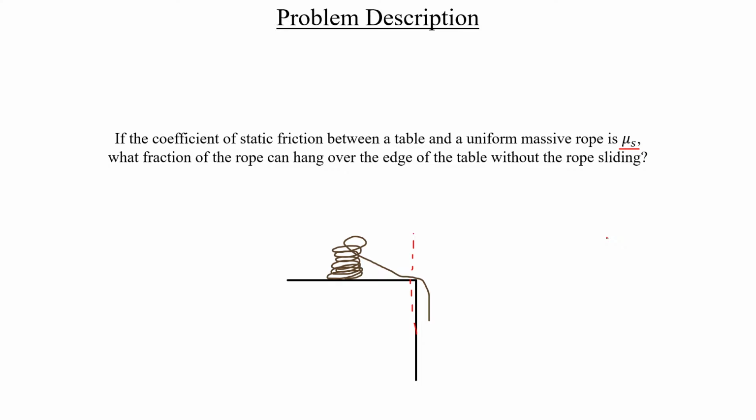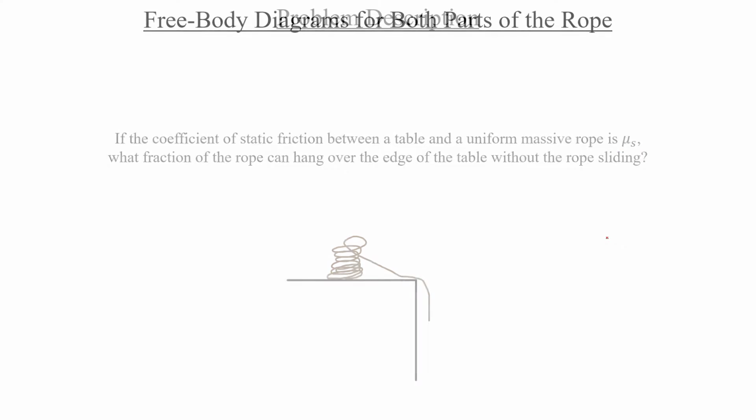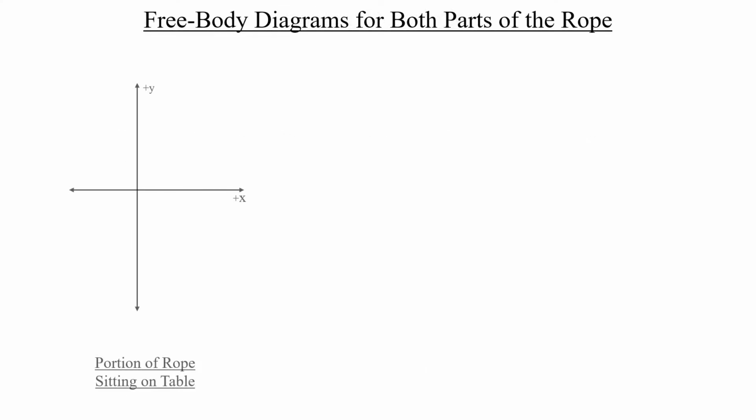That's the goal. So let's move on to the free body diagram of the portion of the rope that's still sitting on the table. The first force is going to be the weight of that part, and that will be the difference of these two quantities. We're taking the weight of the entire rope minus the weight of the part that's hanging off.